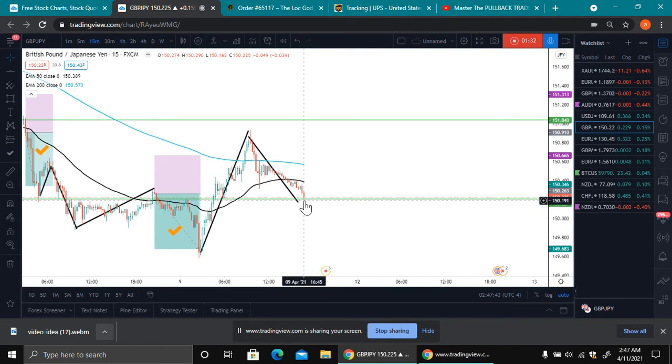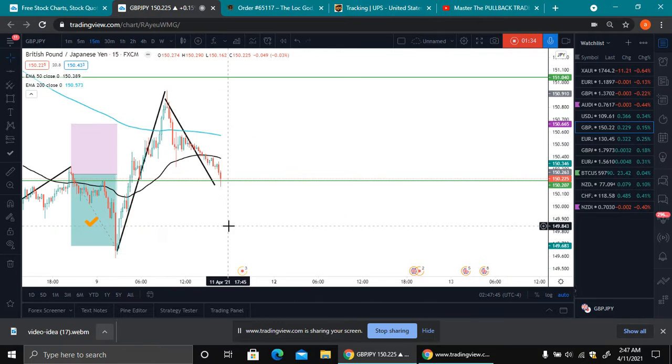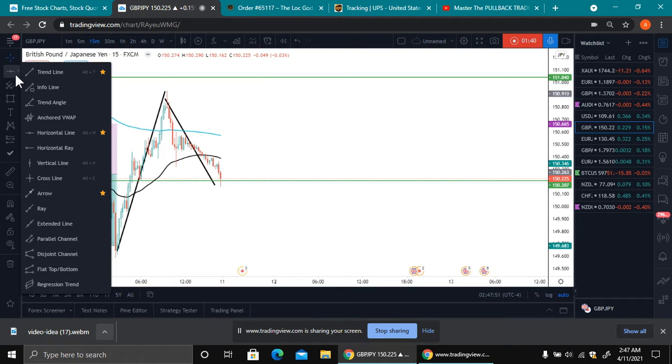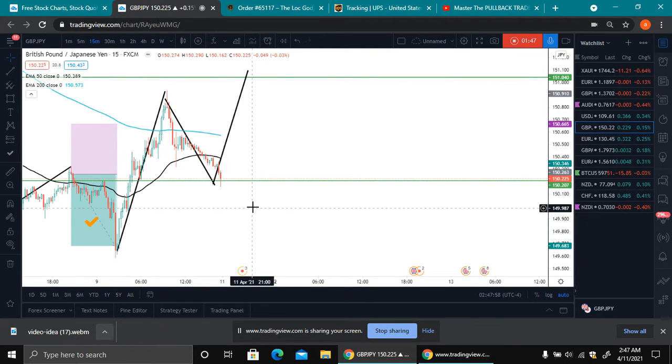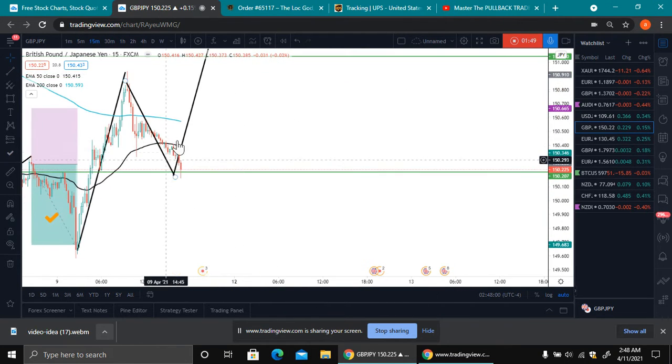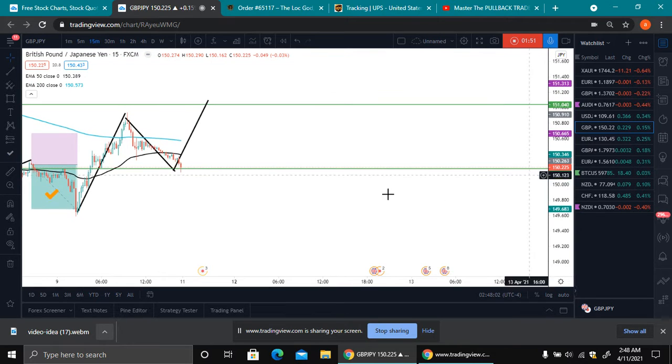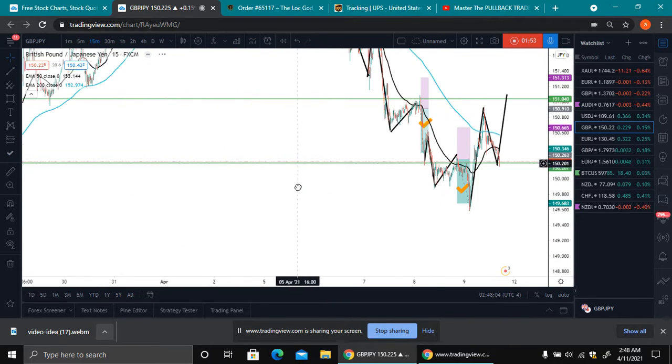I get this wick. All I'm waiting for now, the market is live at this point, starting at 5 o'clock on Sunday, Eastern time. All I'm waiting for now is a big impulsive move, for price to break above the 50 and make a crossover on the 200, and baby, we're in for the buys.